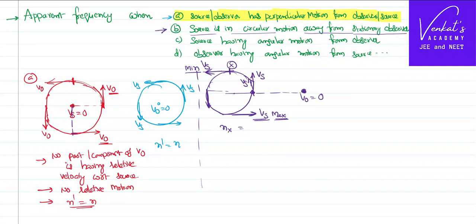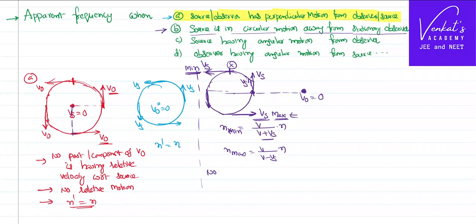So n minimum is equal to v by v plus vs into n. The denominator shall be plus because it's minimum. And the maximum in this case is v by v minus vs into n.